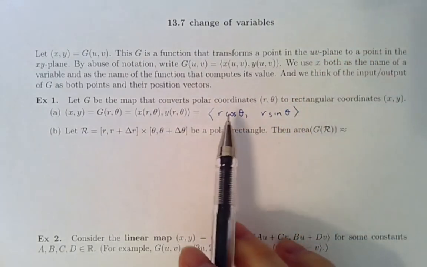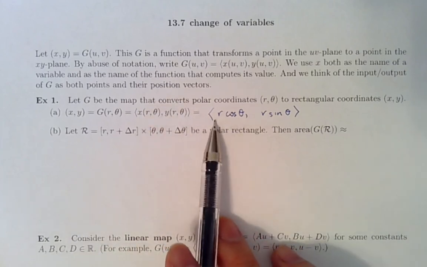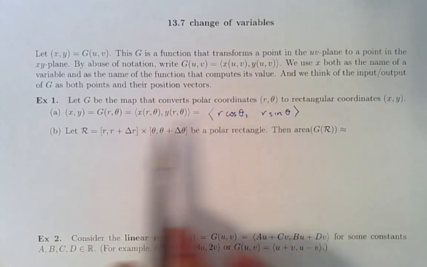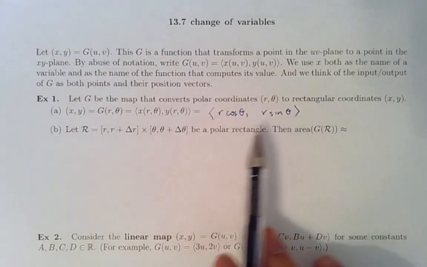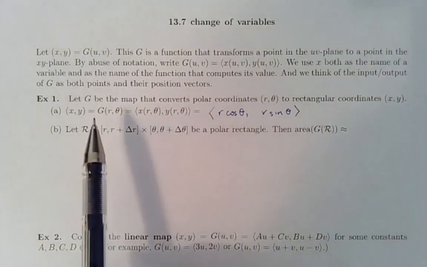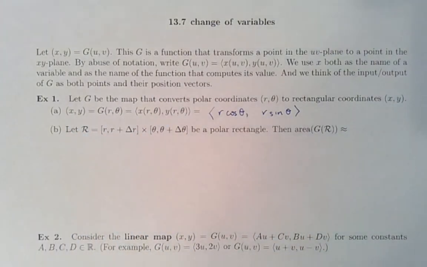And now I hope you can see why I write them as functions, because x is essentially a function of r and theta, and y is a function of r and theta as well. And g simply packages these two conversions into one. So here, g takes in two things and outputs two things.